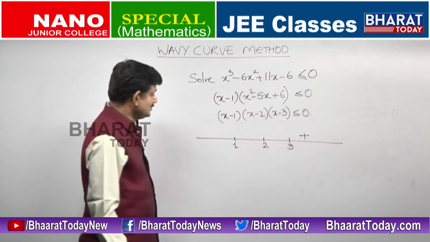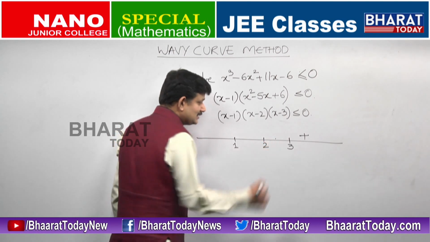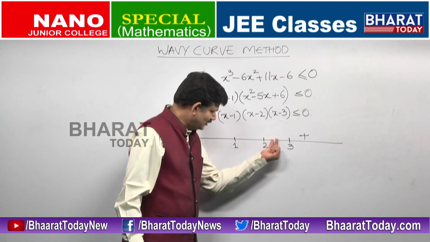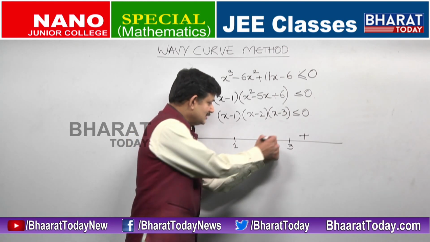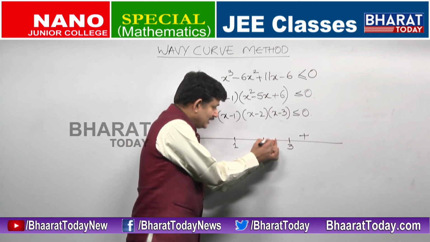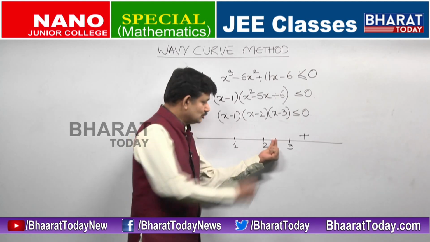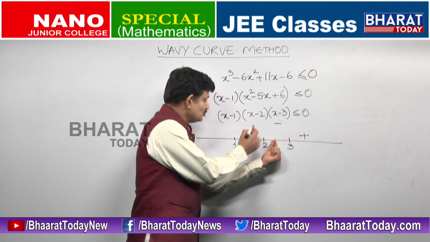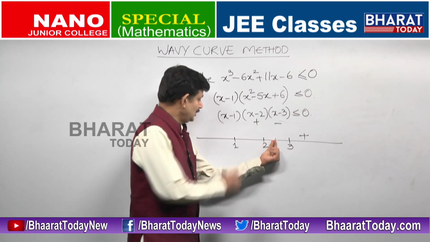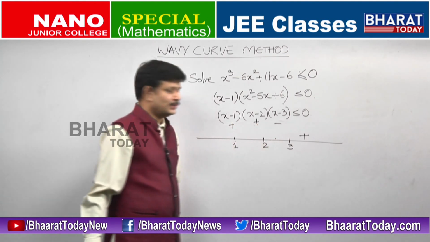Let me look at the next case. What is it? X lying between 2 and 3. X is here. So x is less than 3 but greater than 2 and greater than 1. So x minus 3 is negative. X minus 2 is positive. X minus 1 is also positive.